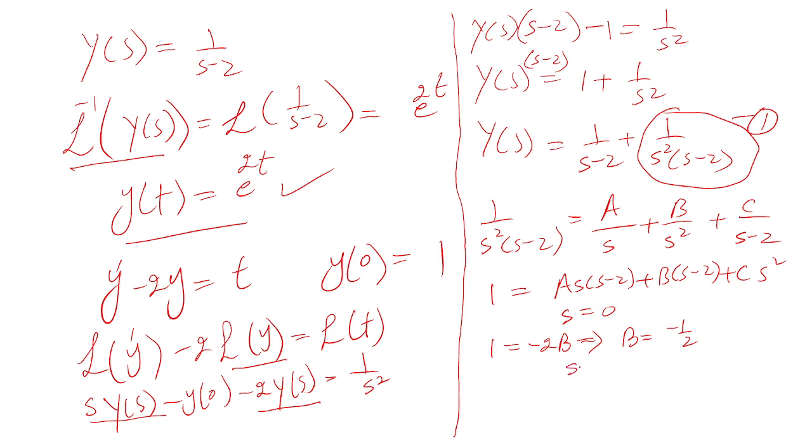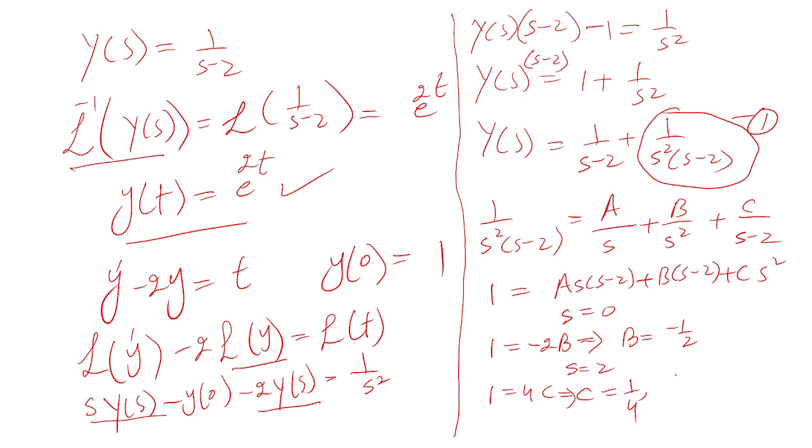For s equal to 2, this term and this term are 0, and we get 1 is equal to 4c, and this implies that c is equal to 1 over 4. Okay, now comparing the coefficients, we see that s square is here and c square is here.